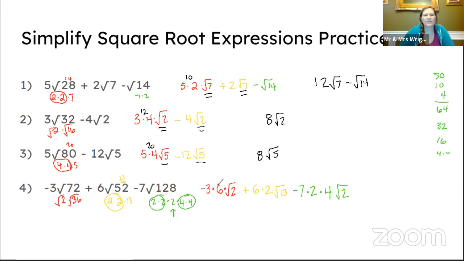All right, now let's look at this. -3 times a positive 6 is going to be -18. And then 6 times 2 is 12. Those are both positive. -7 times 2 is -14 times 4. Oh, where are my notes? Let me make sure I'm getting this right. This is number 4. 1, 2, 3, 4.